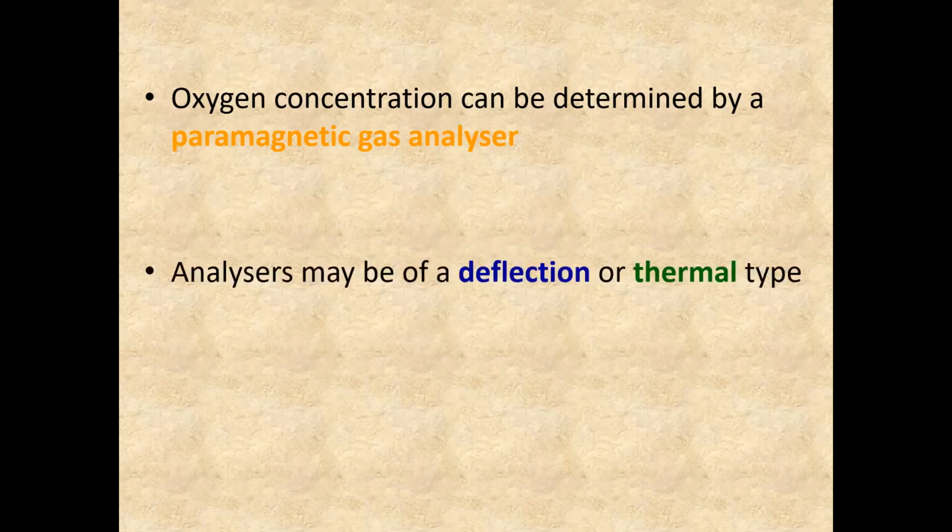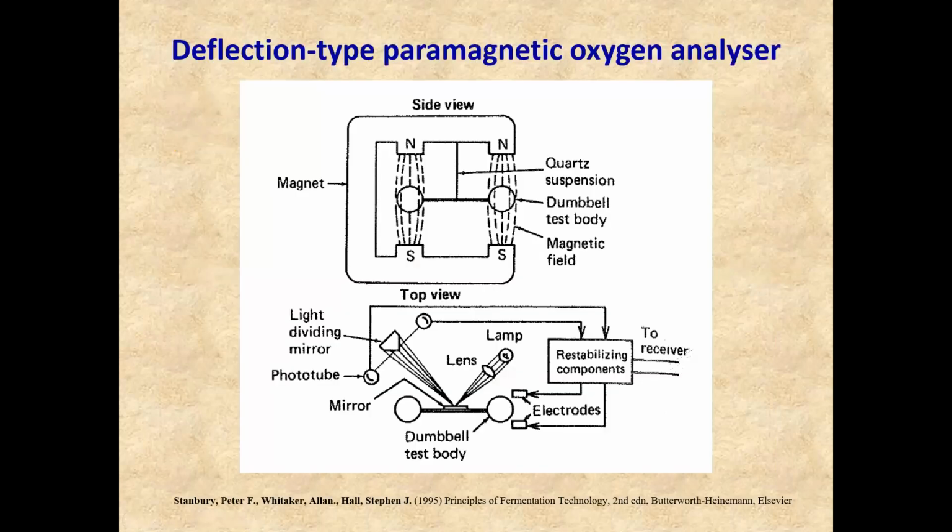There are two types of paramagnetic gas analyzers, deflection and thermal type. We'll be seeing the principle of both of these in detail. Let's see first the deflection type paramagnetic oxygen analyzer. This deflection type paramagnetic oxygen analyzer is a very popular sensor.